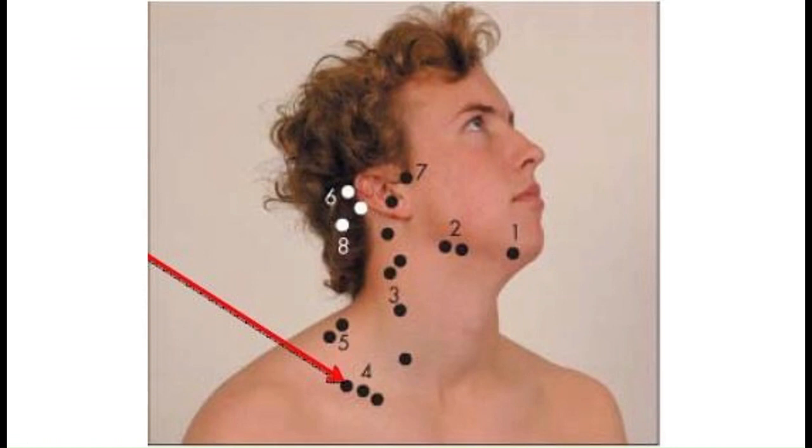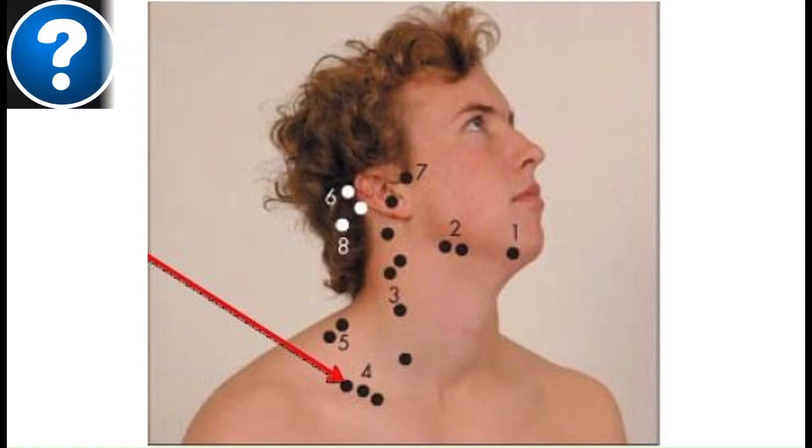While you activate your knowledge of the local lymph nodes of the head and neck, you will ask yourself, which group of lymph nodes are these? These are the submandibular lymph nodes.